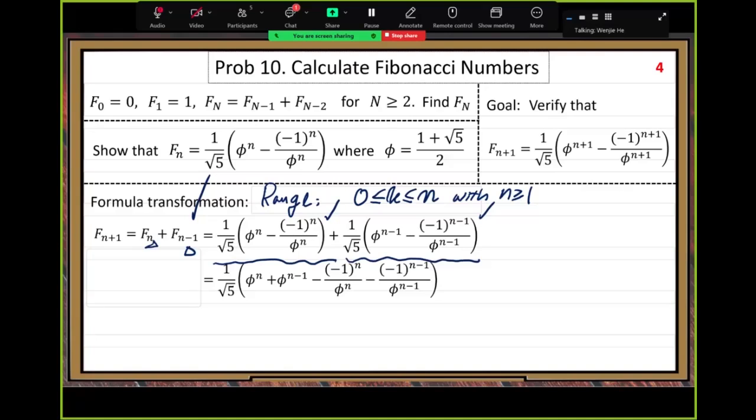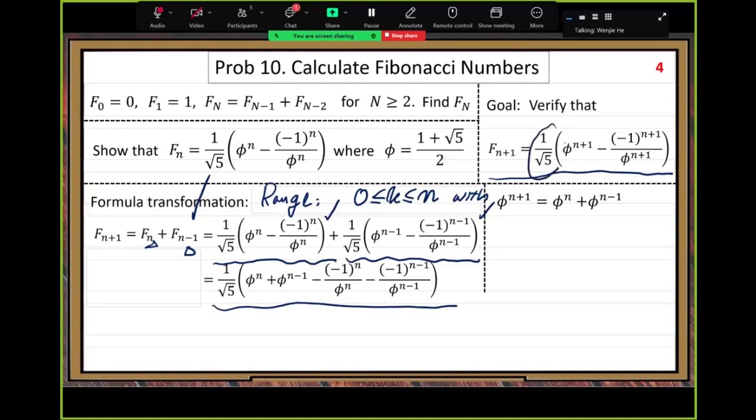So after that, we want to compare the goal. So the goal, verify that one. You compare the goal expression and the current expression. They both have 1 over root 5. We can ignore it. So we only want to make sure the expressions inside the big parenthesis are the same.